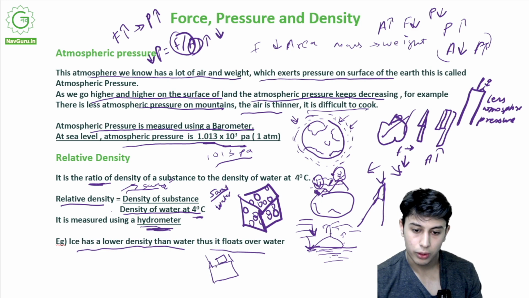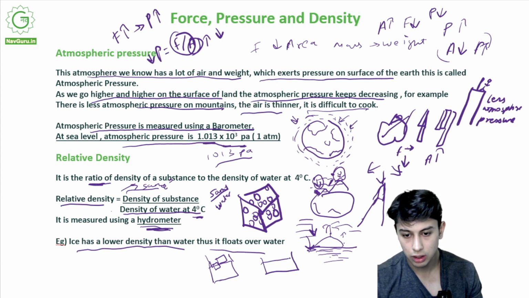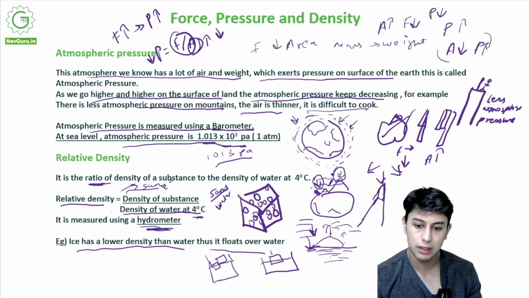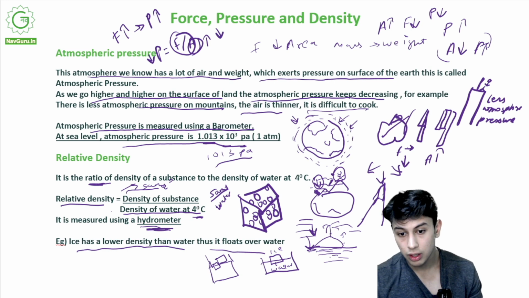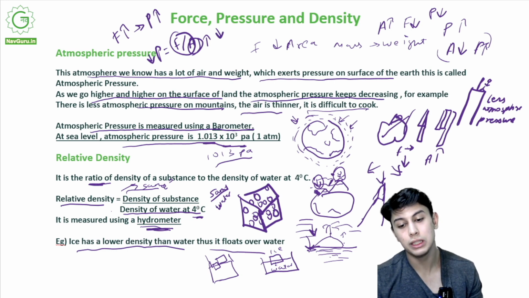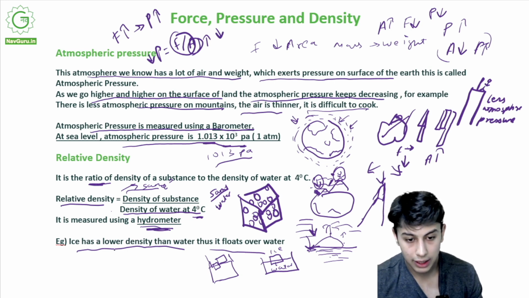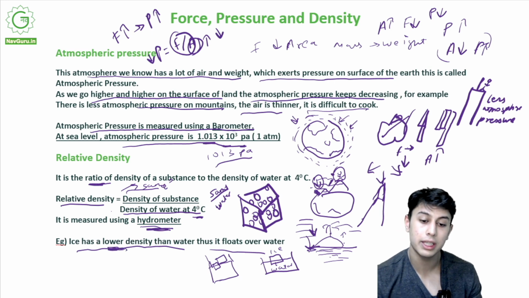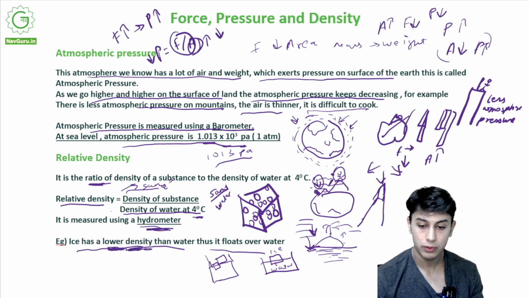It will float, a little bit submerged. This is the ice, this is water. Ice will float over water. Why? Because it has lower density. Always remember, it has lower density.